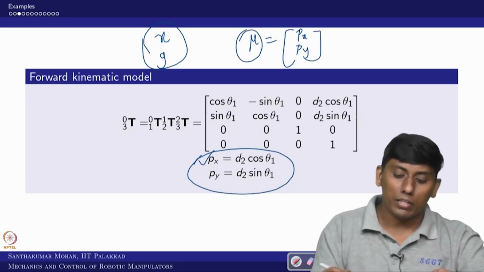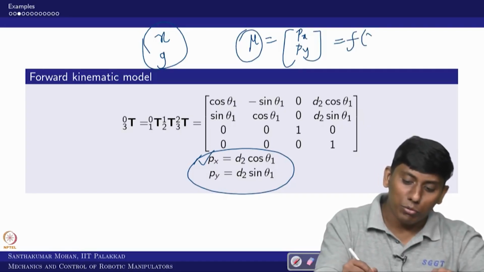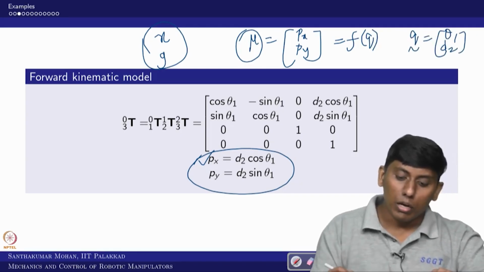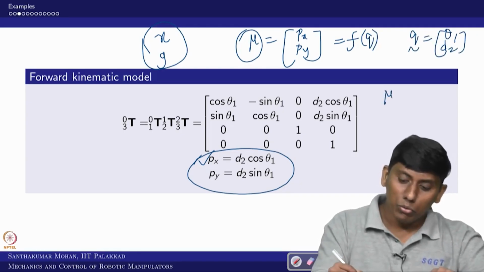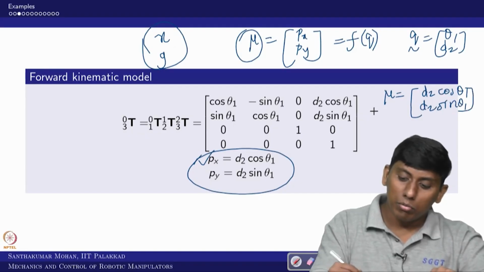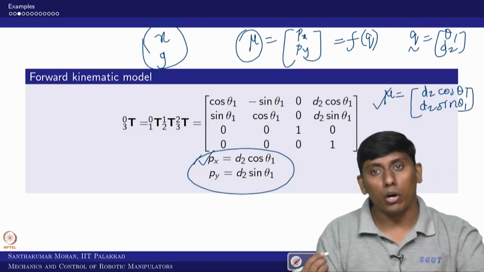This is the task space vector that I can write as a function of q. Here q is the vector theta 1 and d2. So you can write mu as d2 cos theta 1 and d2 sin theta 1. This is what you call forward kinematics.